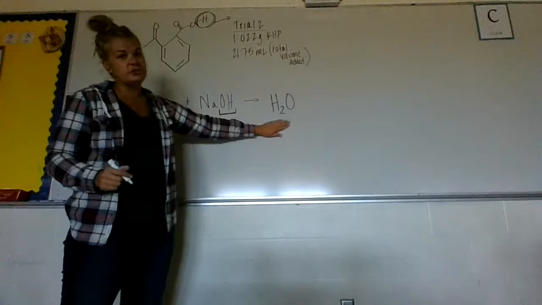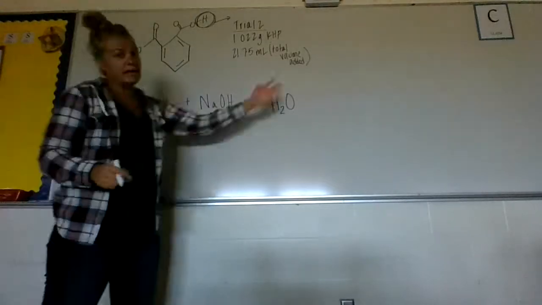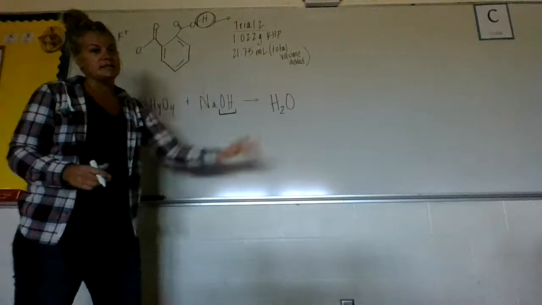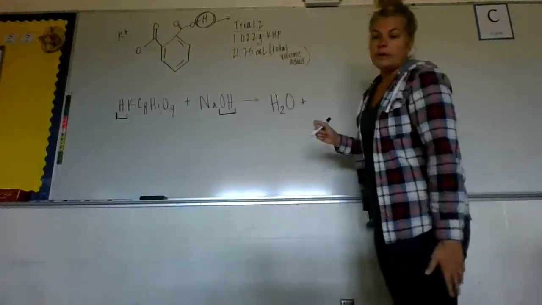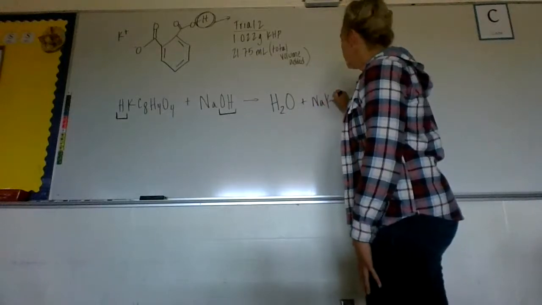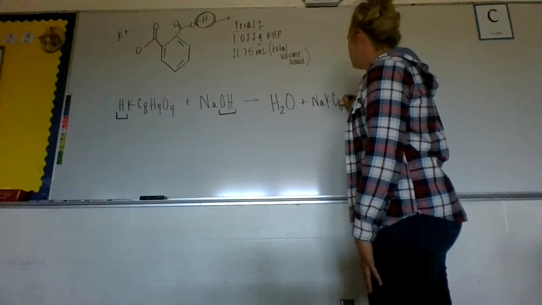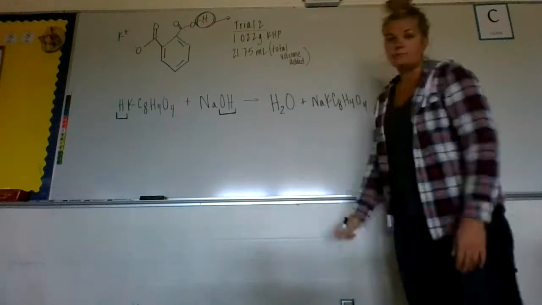This is the neutralization that's happening here. I don't really care about the other product because that's not what I'm looking at, but we can write it: the sodium with everything else besides that acidic hydrogen.